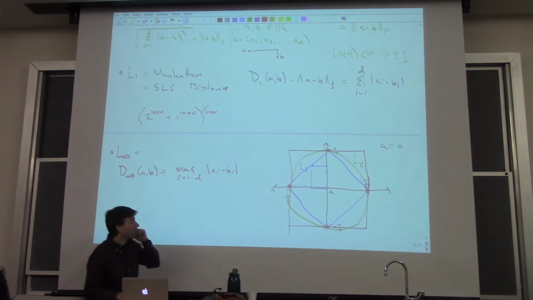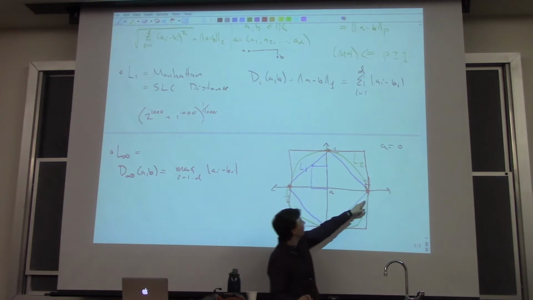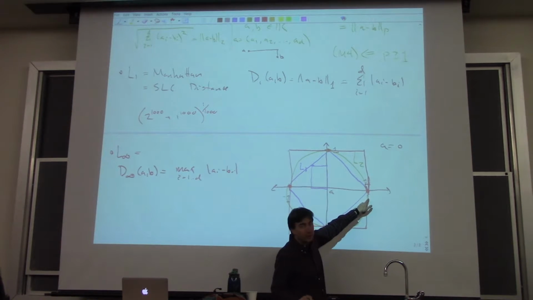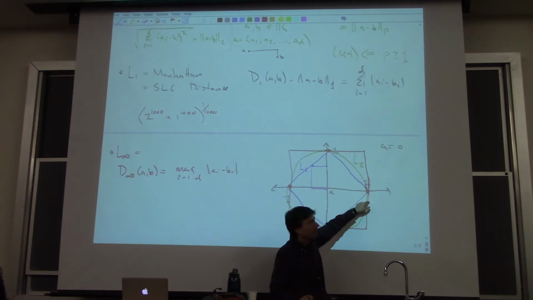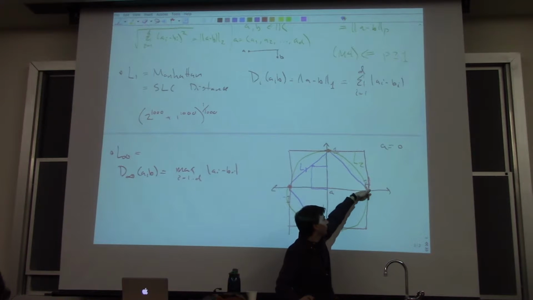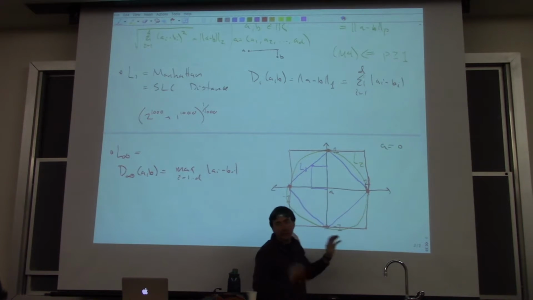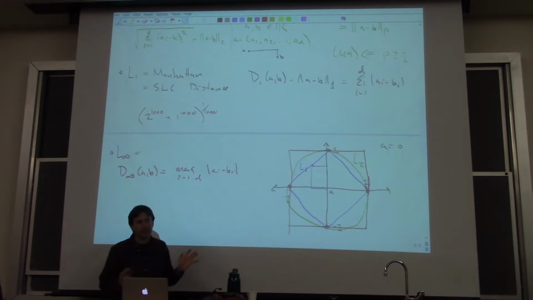If my point is out here, one coordinate is at distance 1, the other one is at a distance of 5 cells, and the other one is at a distance 2 in the y coordinate, so that one doesn't matter. I only care about the furthest distance. So there I get the square.